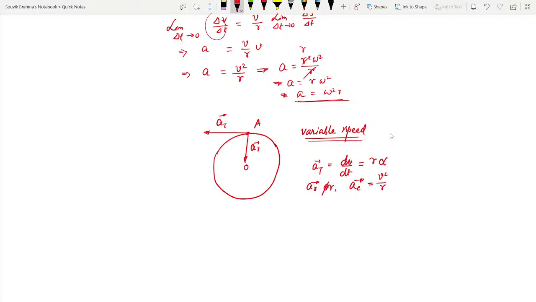Okay, and the resultant acceleration will occur somewhere over here, as you know the concept of vector.